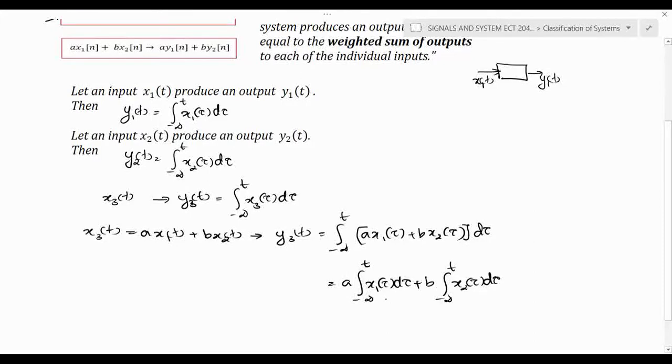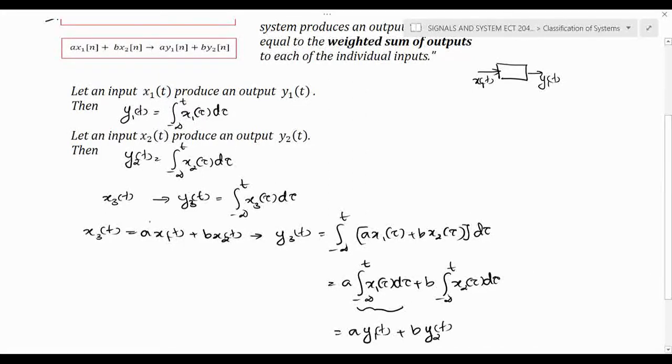If you compare the expression, integral minus infinity to t x1 of tau d tau is actually our first equation, that is y1 of t. So in place of this expression, I can write simply y1 of t plus b into the second term, which is actually y2 of t.